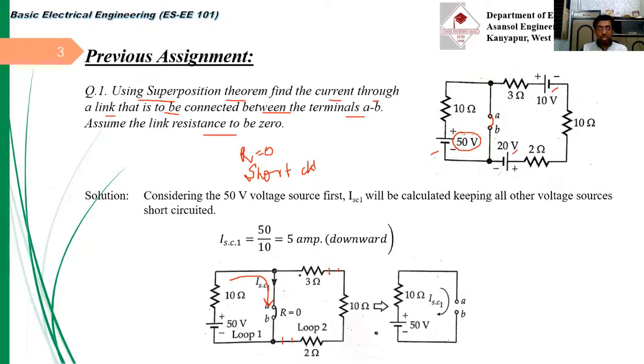So through this 15 ohm path, current flowing will be 0. The circuit will be converted to 50 volt, 10 ohm and the shorted path. So current is 50 divided by 10, that is 5 ampere, and remember the direction of the current flow from A to B, that means it is downward.